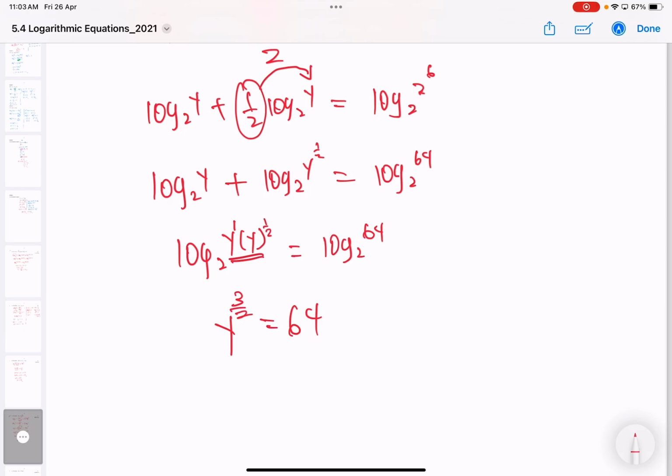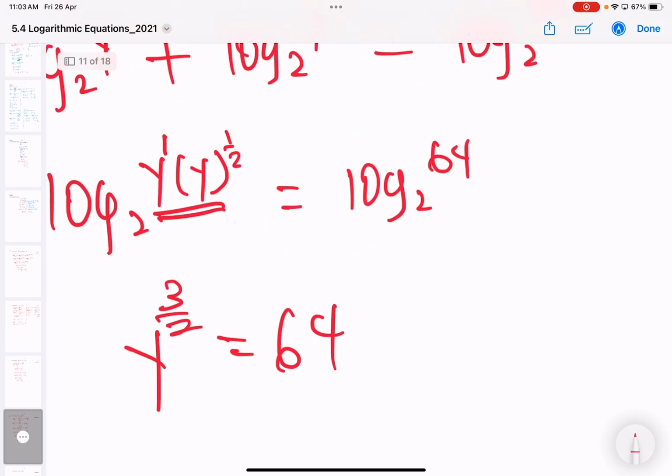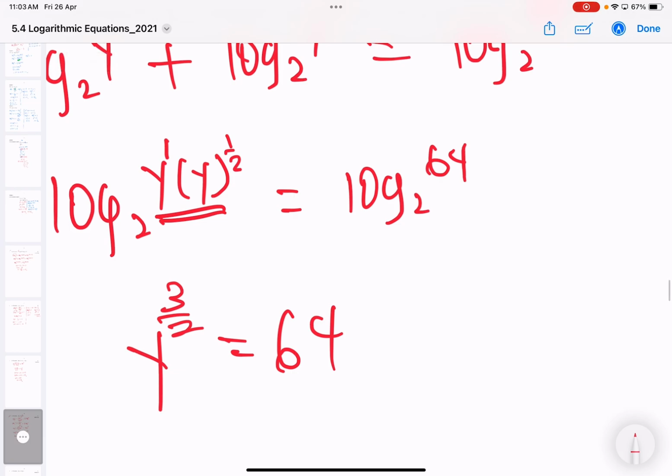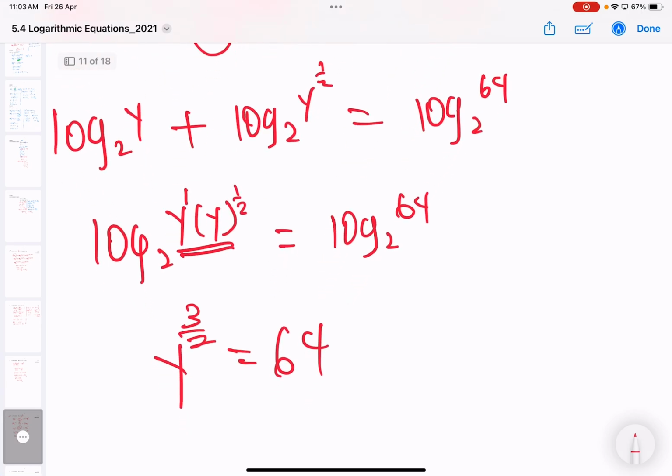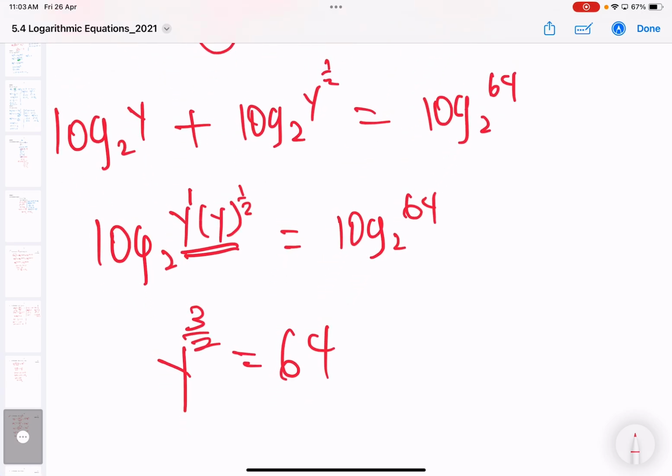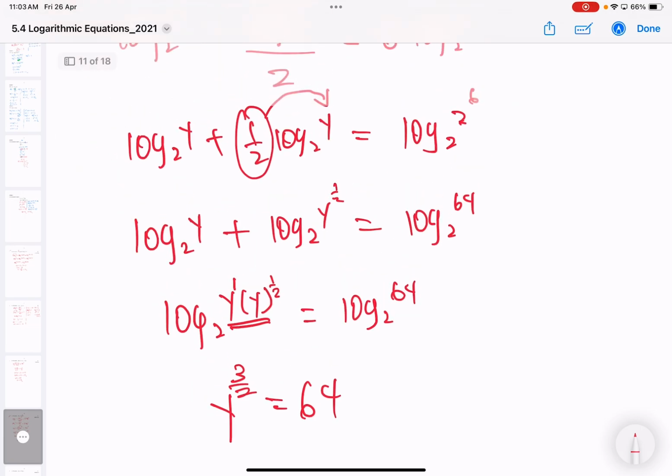Huh? Why so confused? Jordan, what's confusing? Your y is 4? Why is your y 4? When do you get 4? Okay, so I'll pause here. I zoom out.